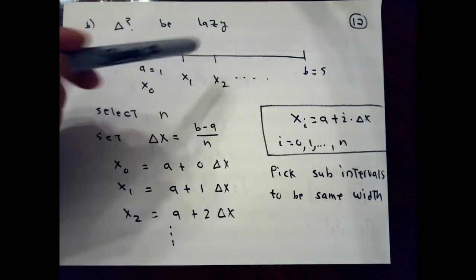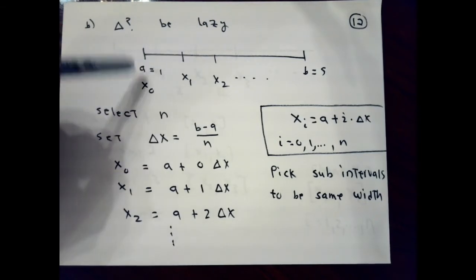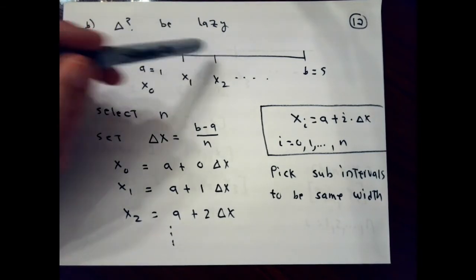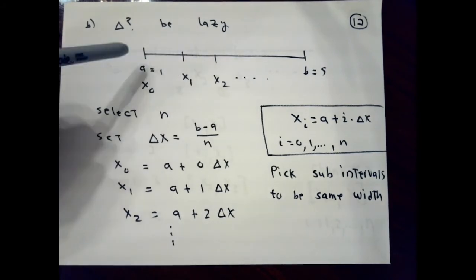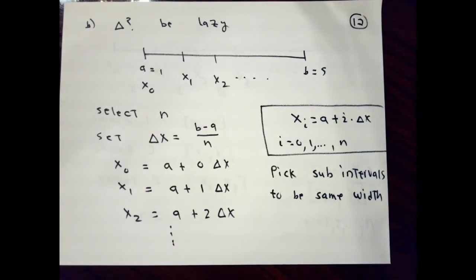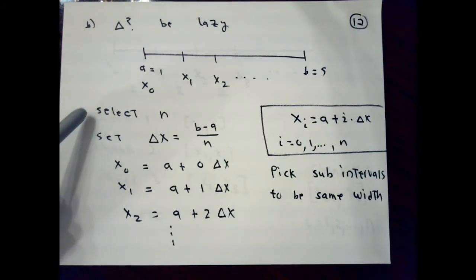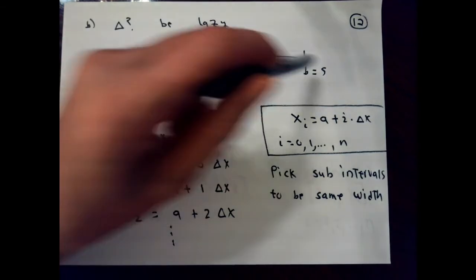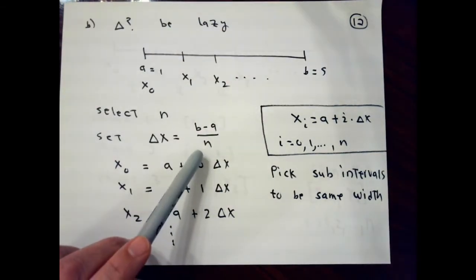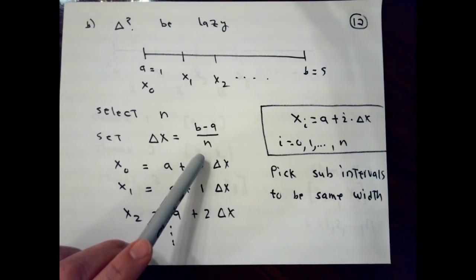So x1 is a certain distance from x0. x2 is that same distance away from x1. The entire width of this interval is b minus a in general, 5 minus 1 in this particular case. I'm going to think of some positive whole number n. It might be 7 or 15 or a million. I'm going to make delta x the width of the entire interval divided by how many chunks I'm going to break it up into.